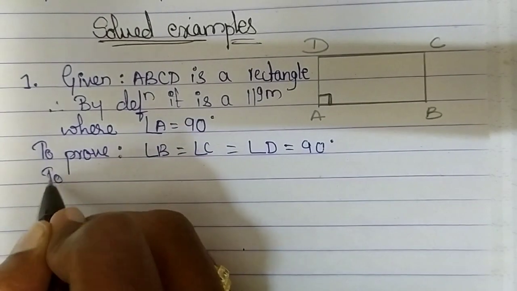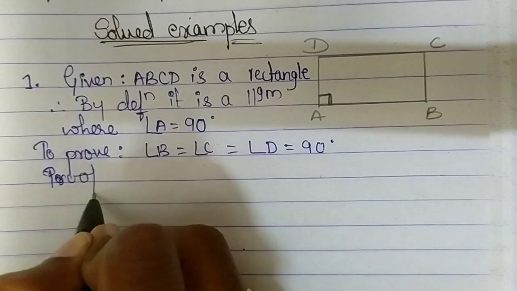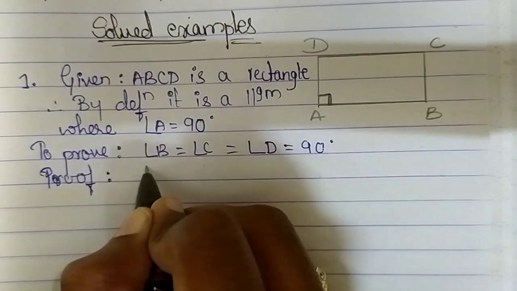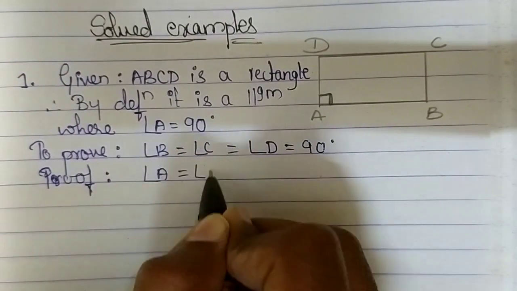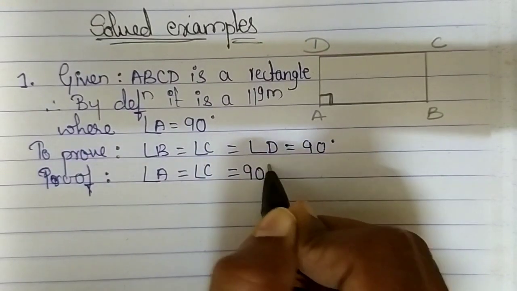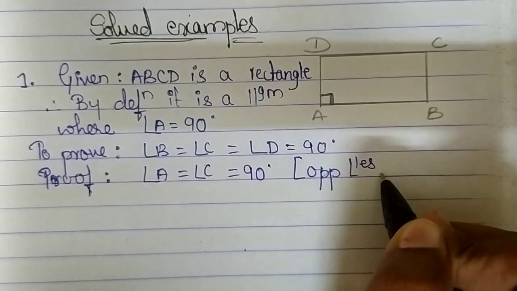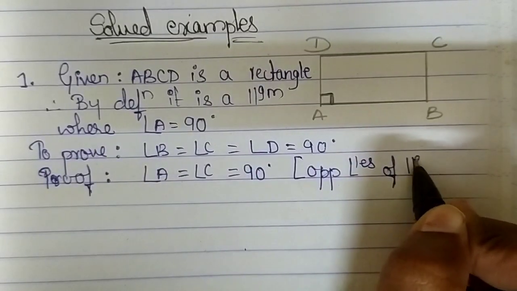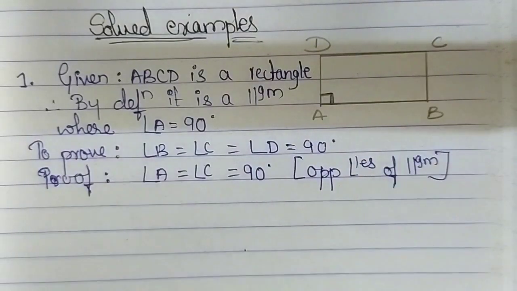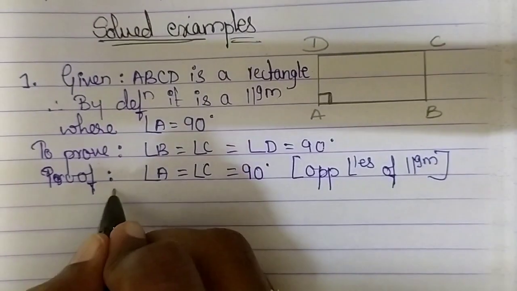Proof. Angle A is equal to angle C is equal to 90 degrees because they are opposite angles of a parallelogram. They are equal to one another.